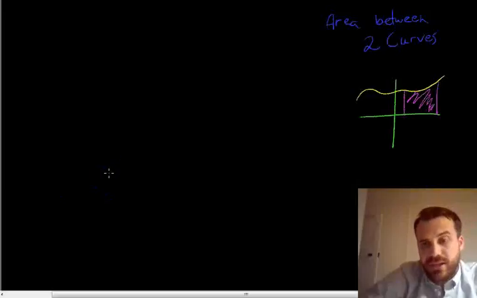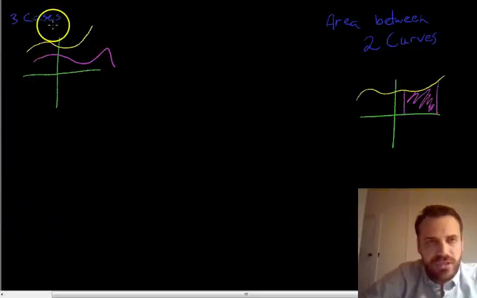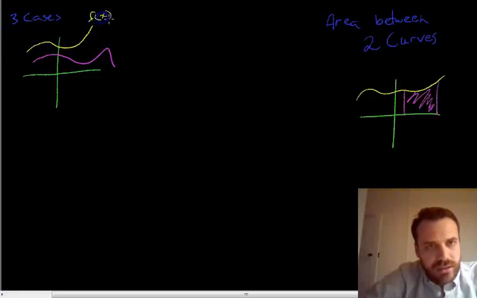Now there's going to be three cases that you're going to run into. There might be more, but there's three basic cases. The first case is this case here, where you have a function. Let's call the yellow function f of x, and another function, the purple function, we'll call g of x.